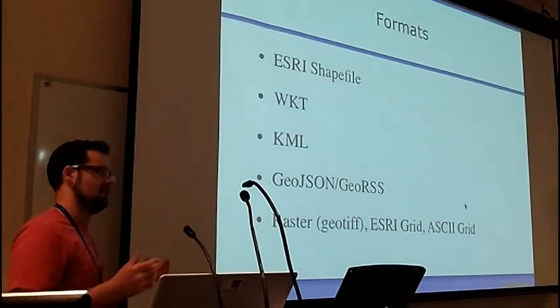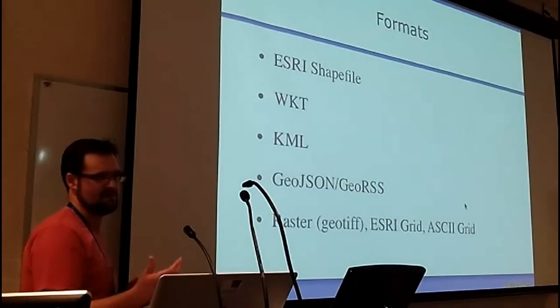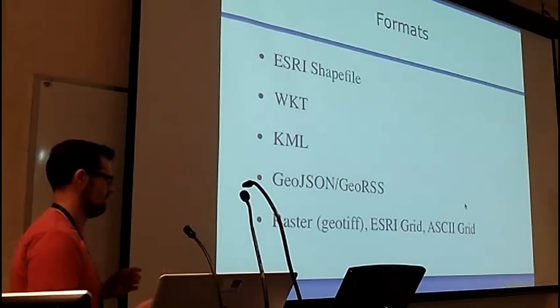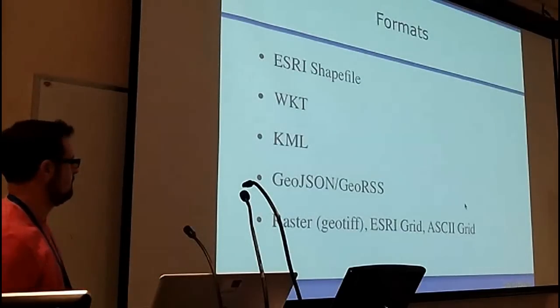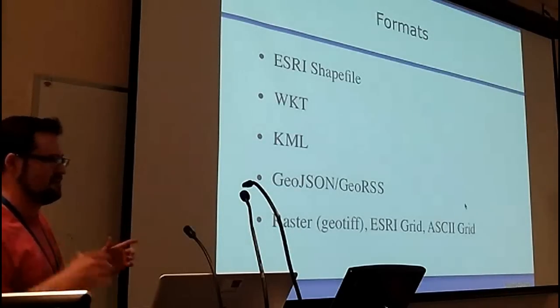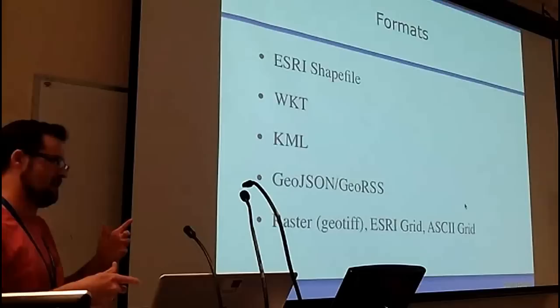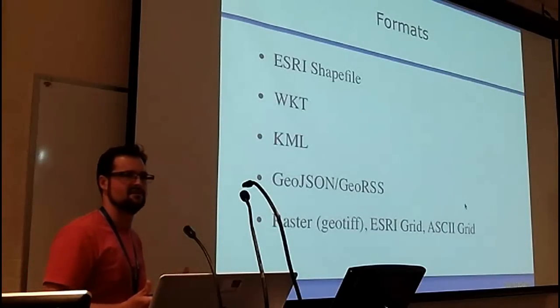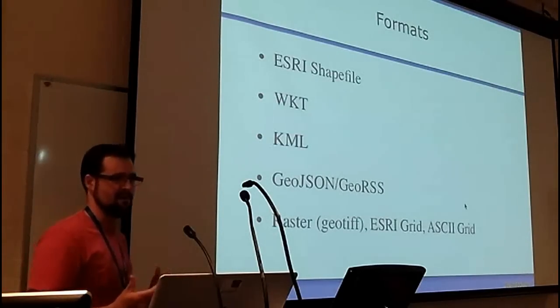Because you're used to seeing heat maps or temperature maps or gridded data in colour form. Well, I'll get to that a little bit later. But it can also be used to represent multi-dimensional data as well. So there can be a lot of data embedded into a GeoTIFF file that you just can't see by opening it up in an image editor. It's an interesting format.